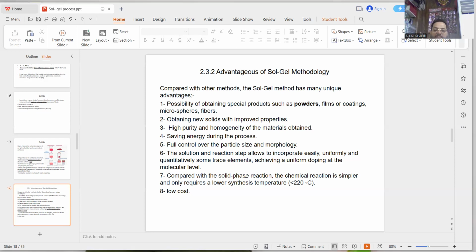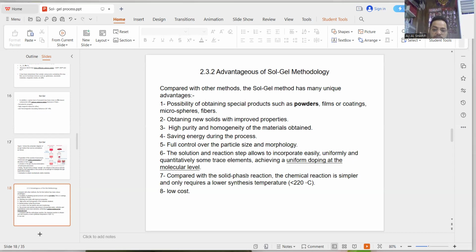It's very amazing here. Actually, we can increase the particle size by using this process to maybe more than 10 times.